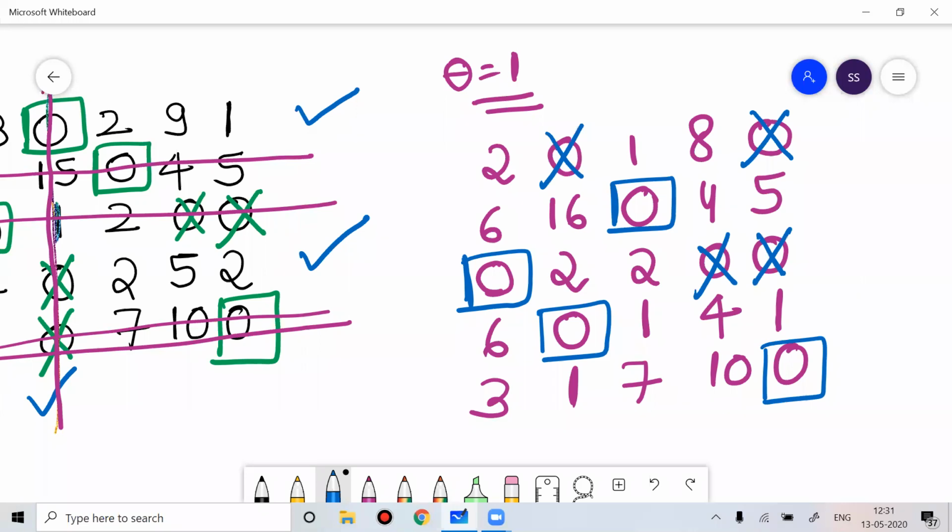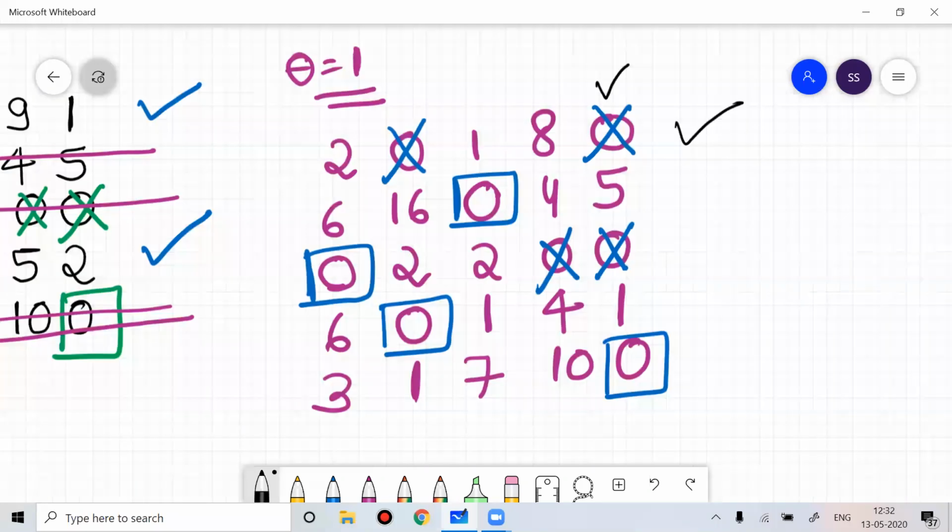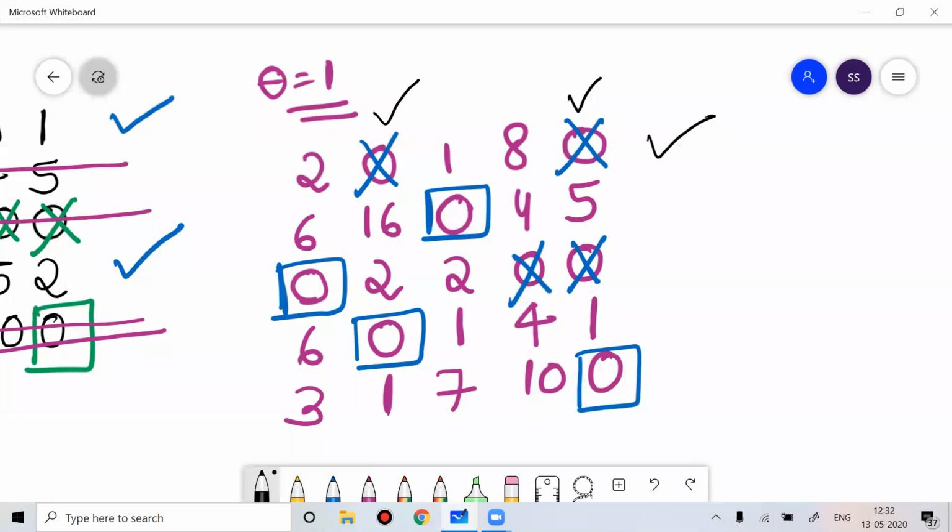For second column nothing, third column nothing, fourth column nothing, fifth column nothing. Now if you noticed, all are done except row 1. So tick that row which is not allocated, tick that corresponding column where zeros are there. Two columns are there.